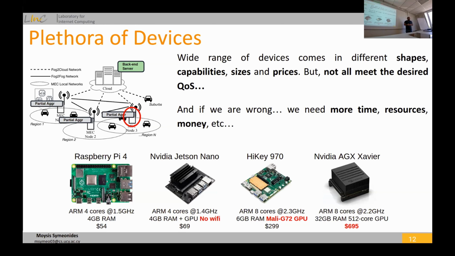And moreover, a faulty decision at this stage may increase the cost and the time to market for the final product, because the operator needs to replace the fault devices with new ones with the proper capabilities.